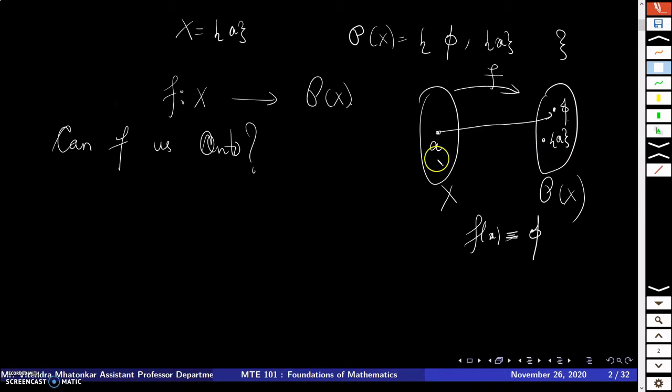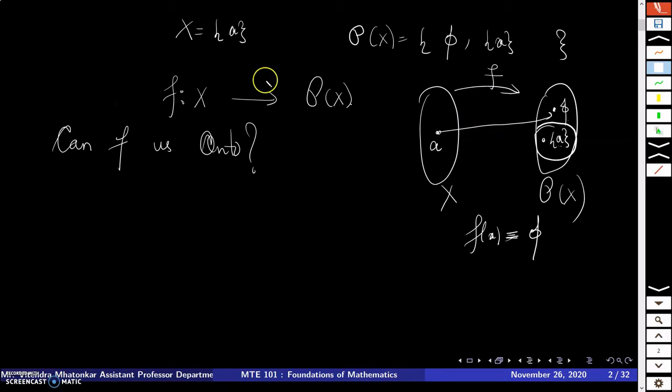There is only one point in the set X. So if you try to map this point to the subset singleton A inside the power set of X, then it will violate the definition of a function, because one point will have two different images. That's not allowed in a function, right? So that means singleton A will not have any pre-image in the domain. That means this function f, which I have defined here from X to the power set of X, cannot be onto.